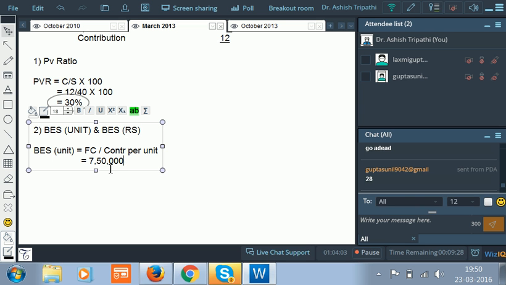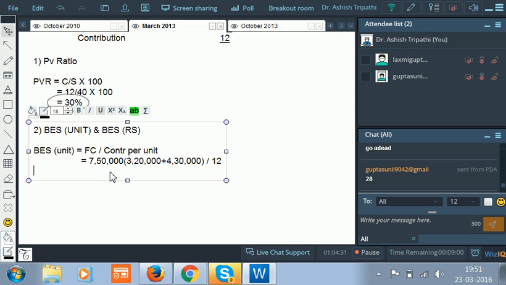So let us write here 7,50,000. This is our fixed cost. I hope you are able to understand how we got this 7,50,000. This is how we were able to get fixed cost.